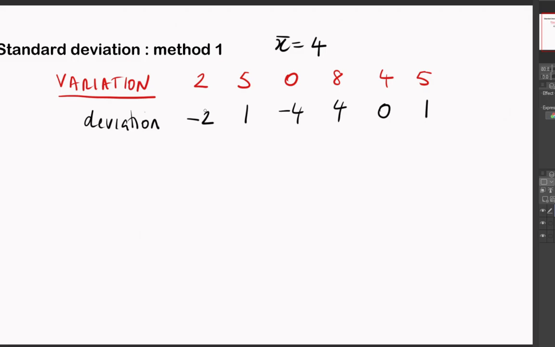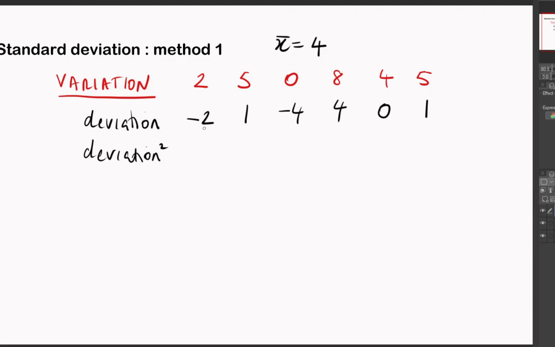That is something in statistics, but it's not really used. So to get rid of the negatives, another thing that we can do is to square the deviations. That will definitely get rid of all the negative signs for us.